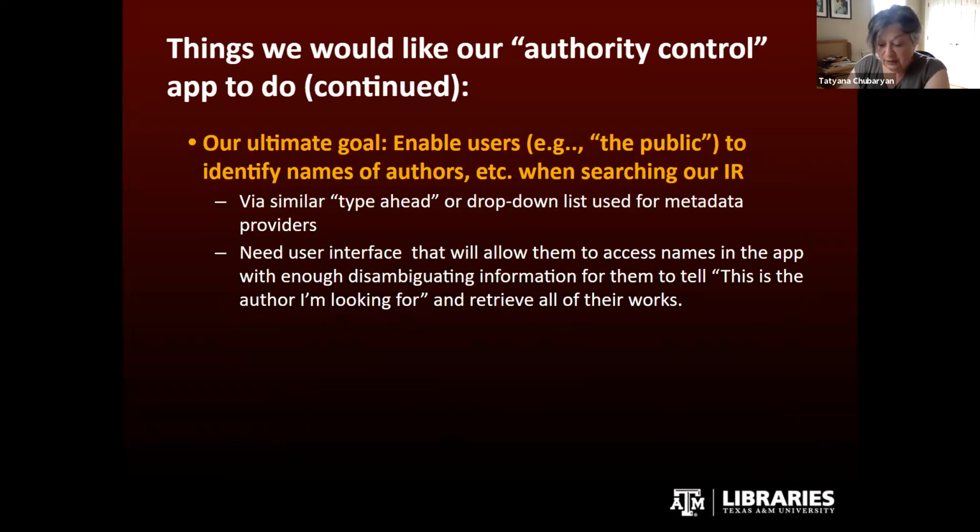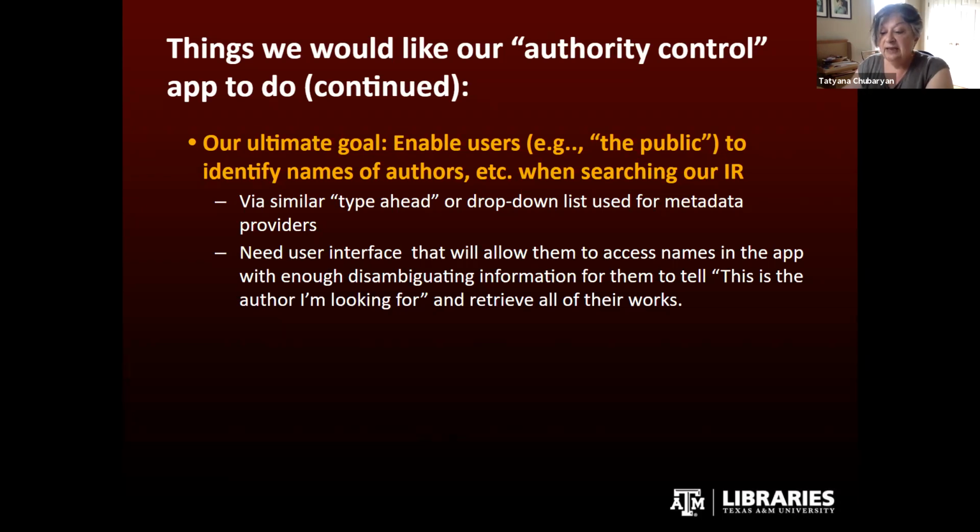What else do we expect? We would like our app to control newcomers, to identify names that need to be disambiguated, in other words, reconciled after they are input in our IR for retrospective cleanup. And here I'm talking about self-submitted or legacy collections data. In order to ensure consistency, we would like to enable metadata providers to select appropriate names at the point of entering metadata via type aheads or drop-down lists, providing choices and displaying canonical forms of names, as well as some additional contextual data.